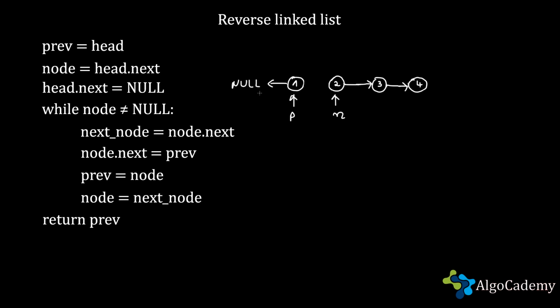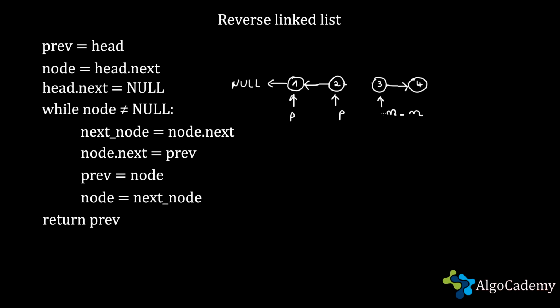So here we have null. Awesome. While node is not null, which happens, next node is node.next. So this is next node. Node.next becomes prev. So instead of this link, this is going to be replaced by this one, which is perfect. Prev = node, node = next node.